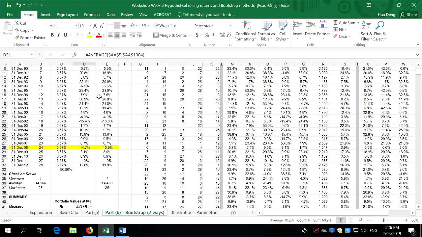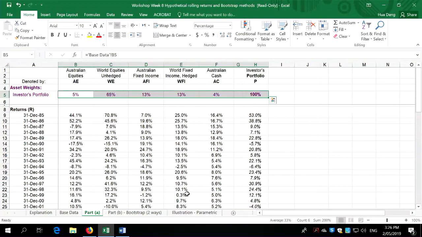Another way to run the bootstrap analysis is to bootstrap the asset returns. So here I have the returns of each asset class, and to the right of that spreadsheet, you can do the random drawing from each of these asset classes, and then calculate the portfolio return.